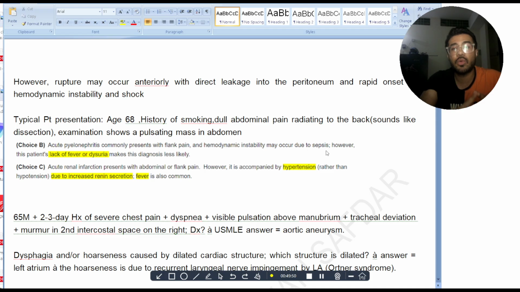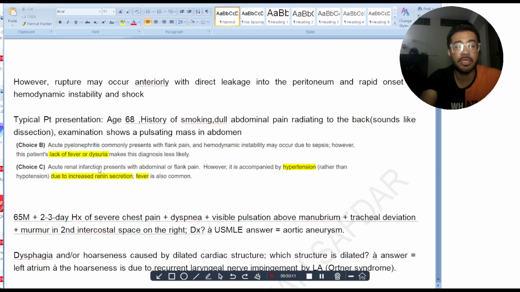However, you will find leukocytosis and an increase in body temperature. This patient's lack of fever and dysuria makes the diagnosis less likely. So that's how you differentiate. Don't worry only about the location of the pain. Also see whether the patient has fever, leukocytosis, dysuria, or instability.